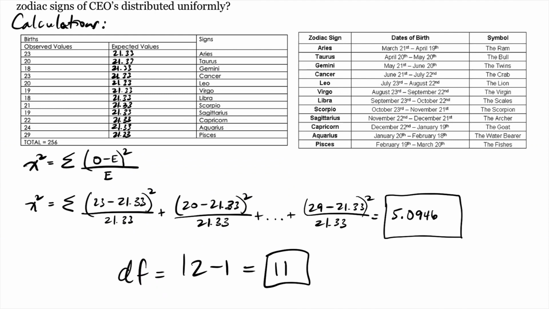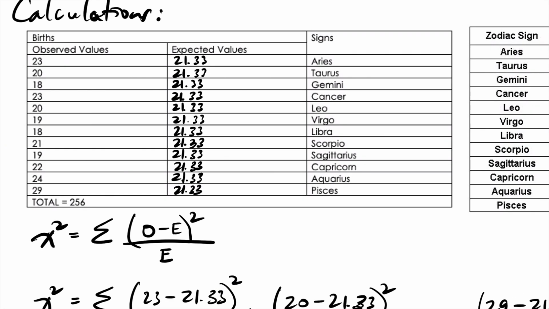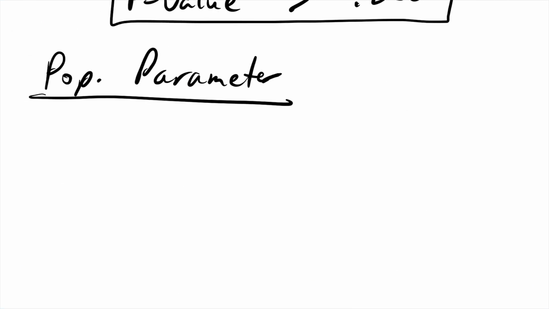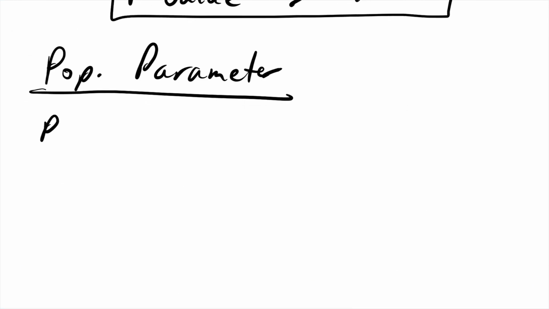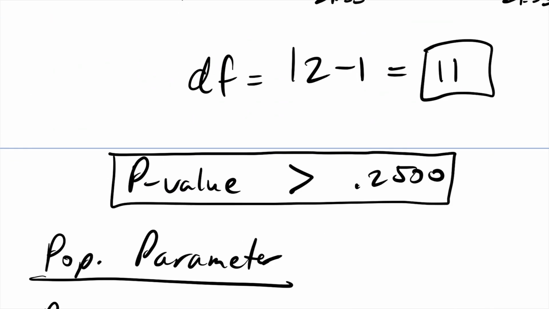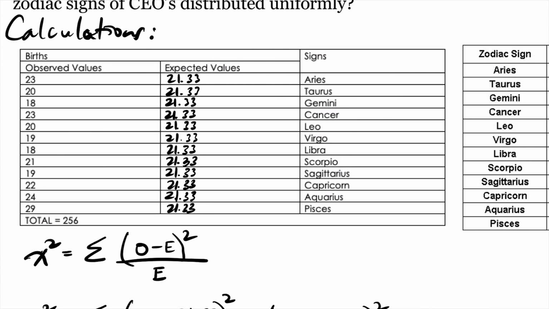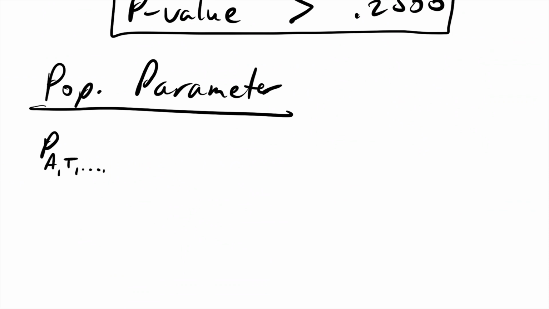How many proportions are we going to have here? 12, 1 for each sign. So we don't have to list them all. We just have to be general with how we label them. You could just go with the first 2, and so on. The last one is Pisces.